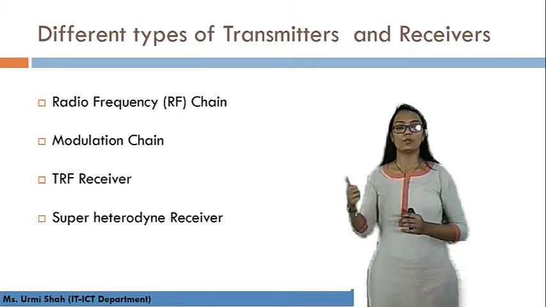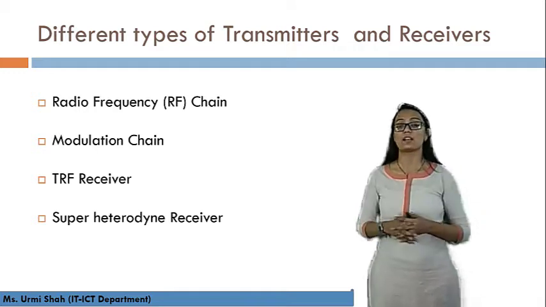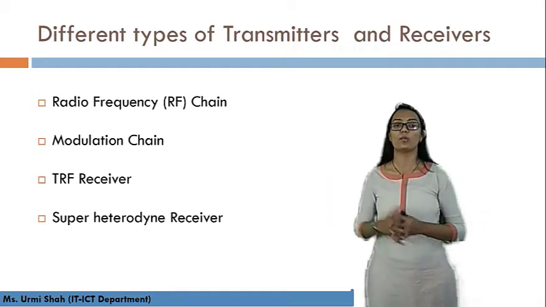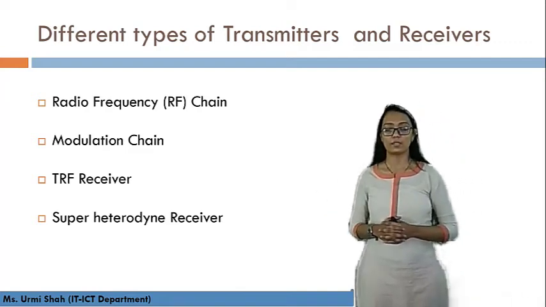This way we perform the modulation for multiple input or message signals and transmit them in a chain form, that we call the modulation chain. Another block is the TRF receiver.